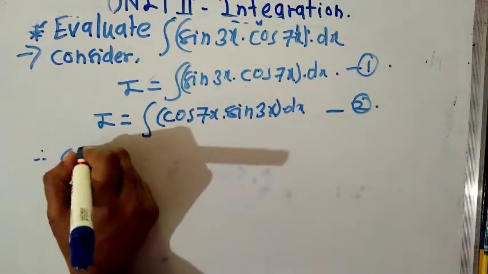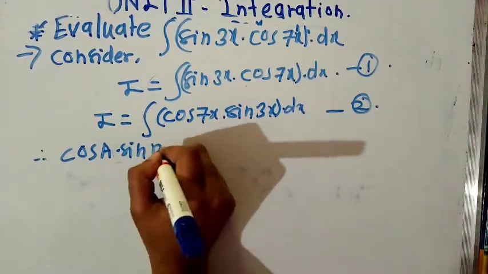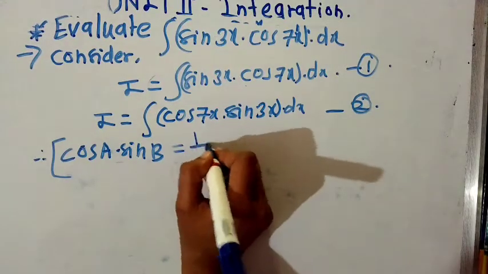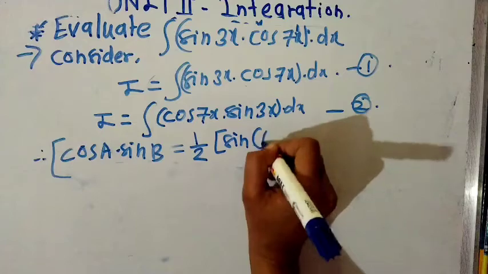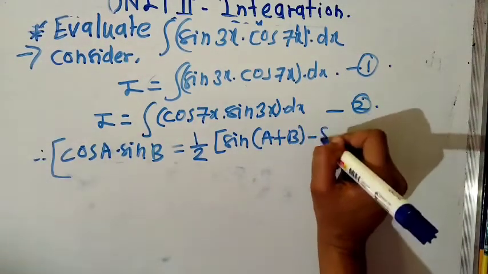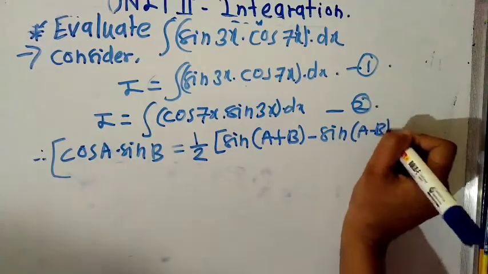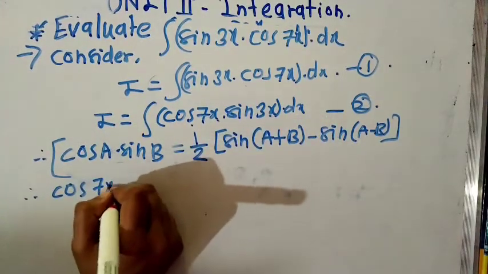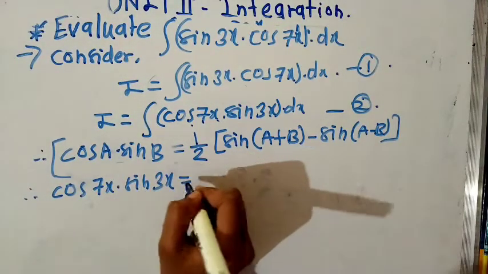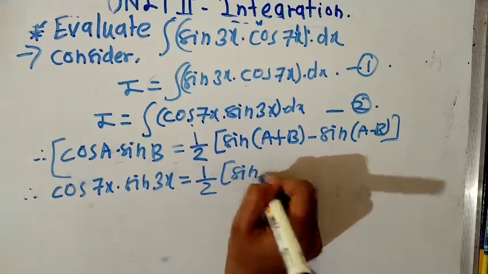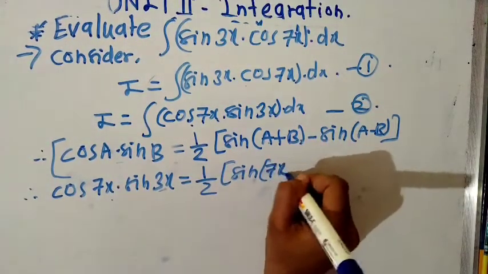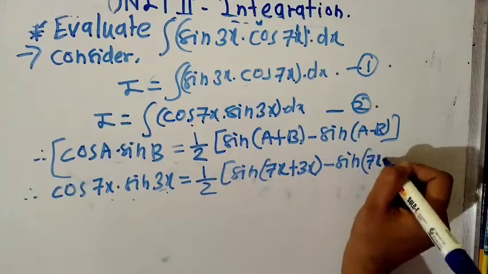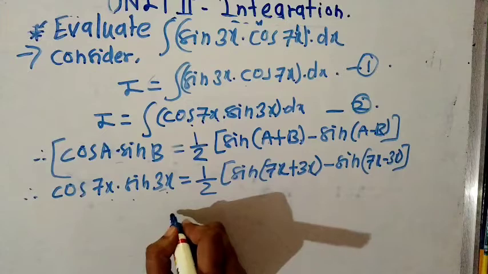But we know that cos A into sin B is equal to 1 by 2 into sin A plus B minus sin A minus B. Hence cos 7x into sin 3x is equal to 1 by 2 into sin of A plus B, meaning 7x plus 3x, minus sin of A minus B, meaning 7x minus 3x.